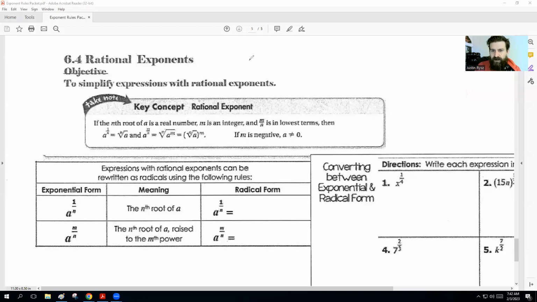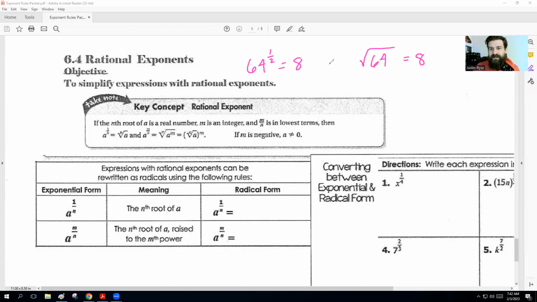Let's just plug in the calculator 64, but this time we're going to take it to a fraction power, to the 1/2 power. If you plug that into a calculator, it will tell us it is equal to 8. One thing we know is that the square root of 64 is also 8.